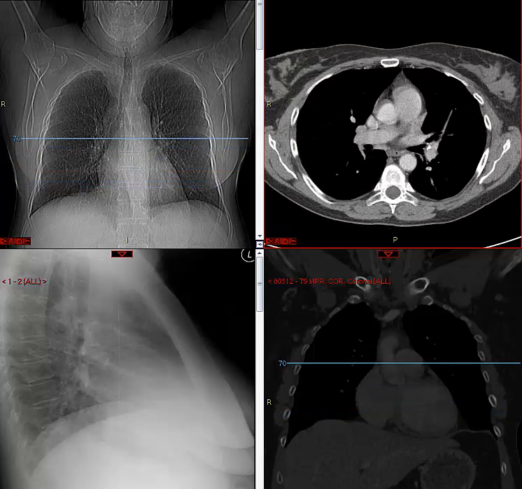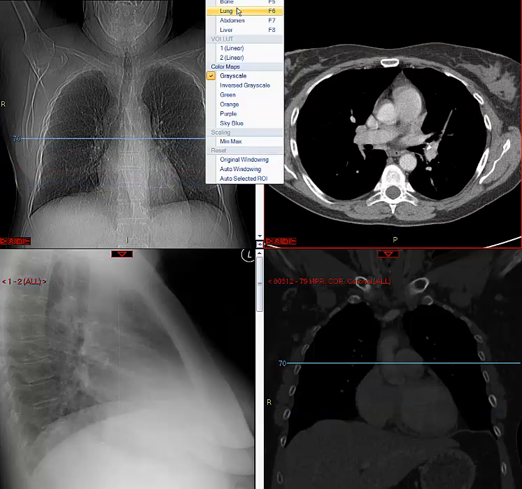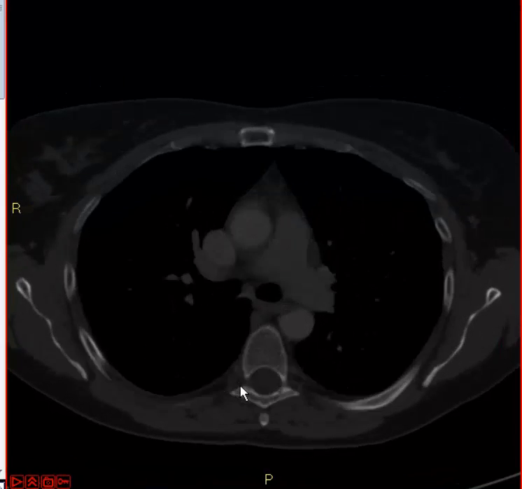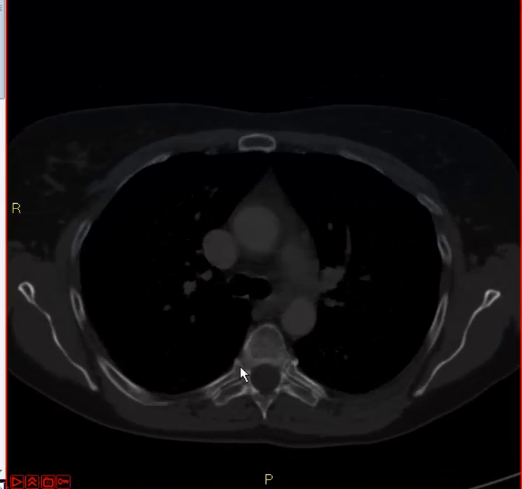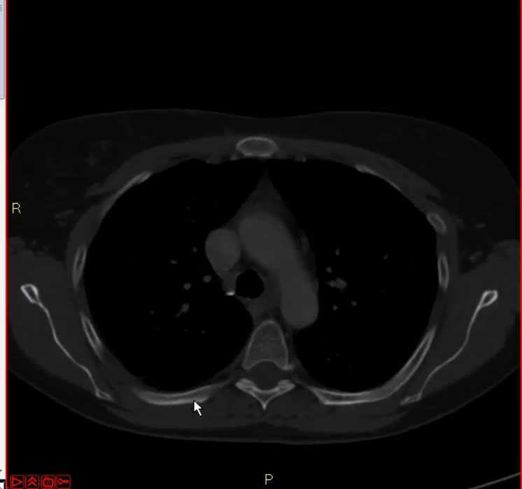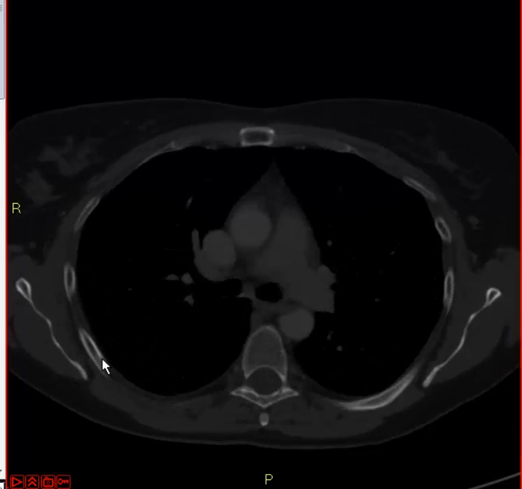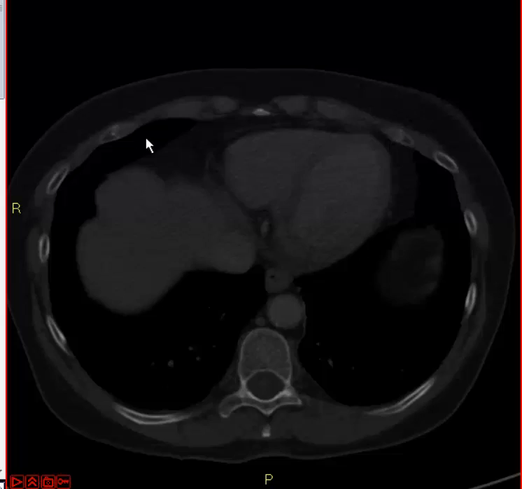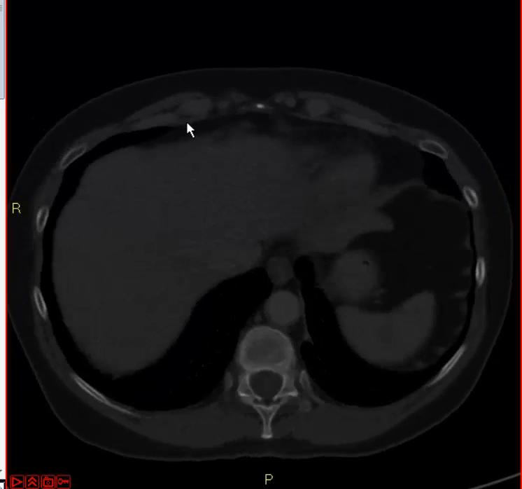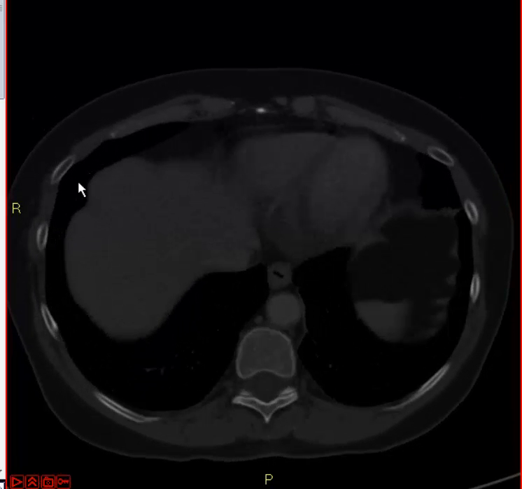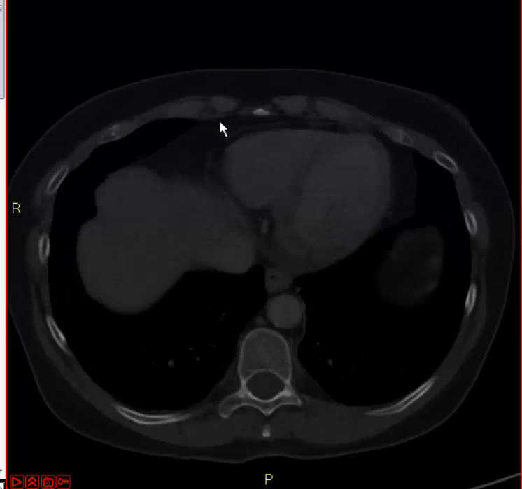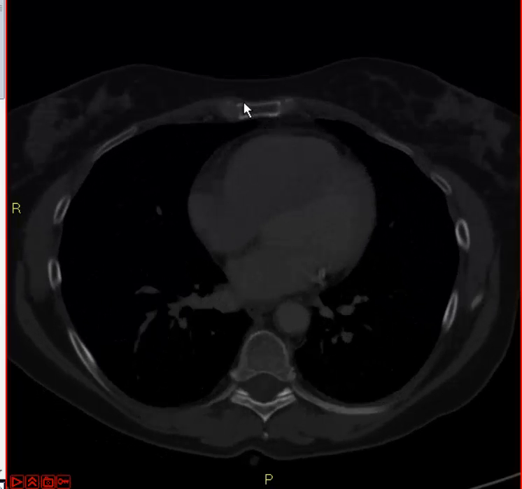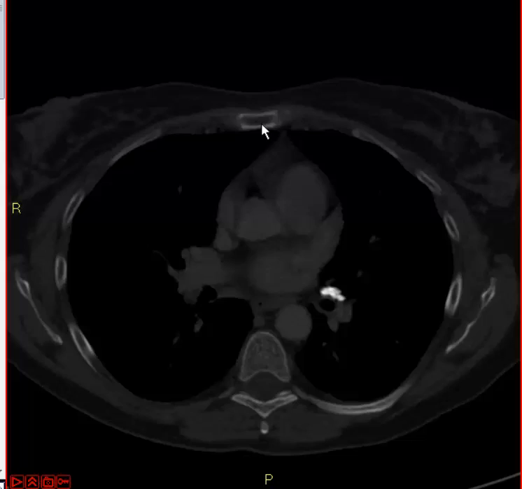On the axial view, again, let's change that windowing to look at rib head, rib neck, rib tubercle, transverse process of the vertebra to articulate with them. And then you see the posterior angle, and you can follow those ribs on through the chest to its costal cartilage, which you notice doesn't have the mineralization like you see in the osseous part of the rib, and then it articulates with the sternum, which is right here.